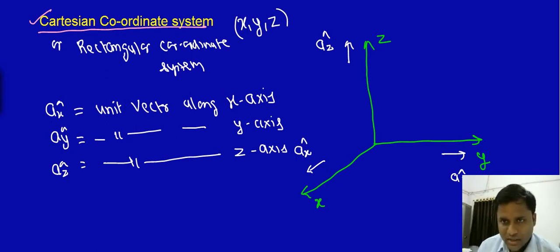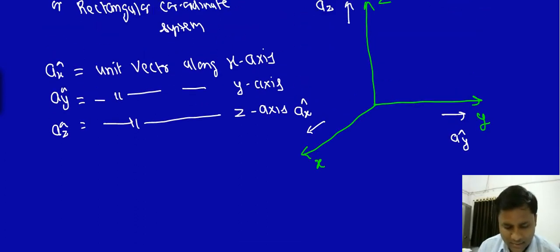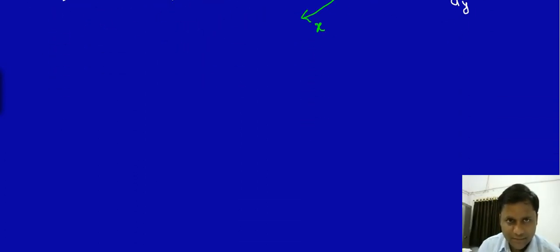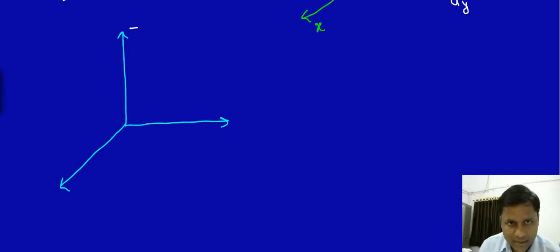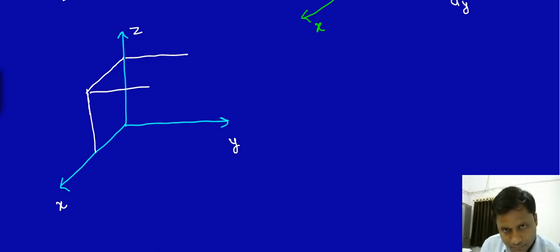Okay, so now let us define this xyz system in this fashion. Here this is z, this is y, this is x, which are perpendicular to each other. And if I draw a cube to represent any point, we can draw it like this.